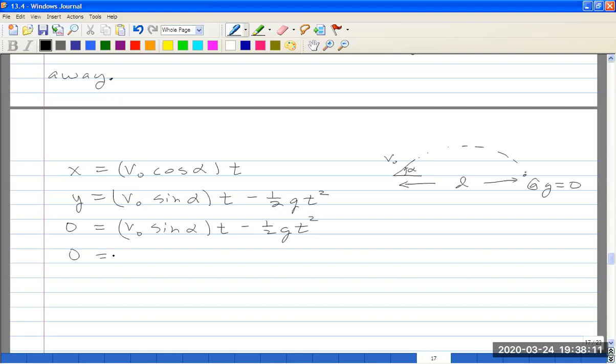And so if y is 0, then it is either 0 or something else. Well, let's assume that t is not 0, because that's initially when you fire the object.